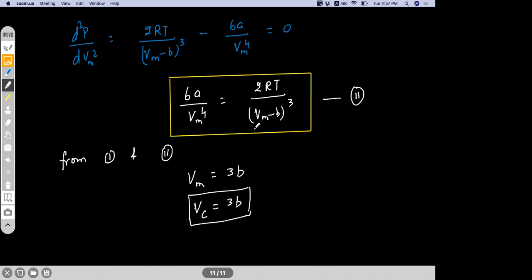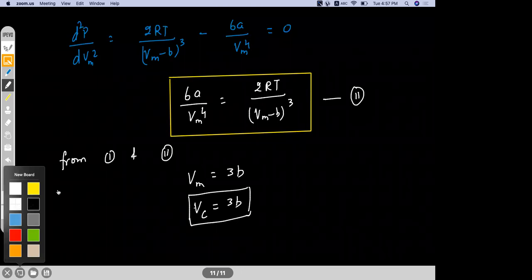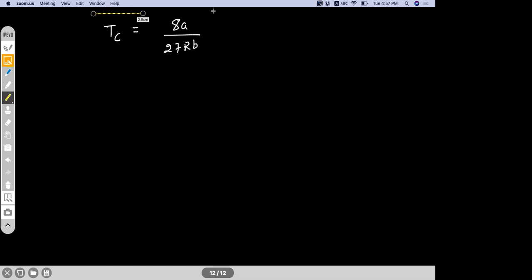Similarly, if this Vc you substitute here, you will get Tc then, correct? And the formula of Tc I'll write down. No need to derive it, just write down the formula. Tc is equals to 8A divided by 27 RB.